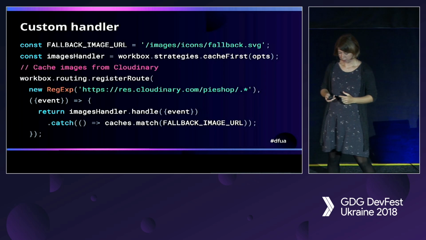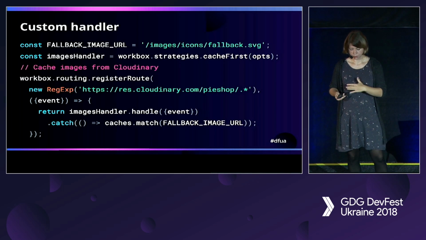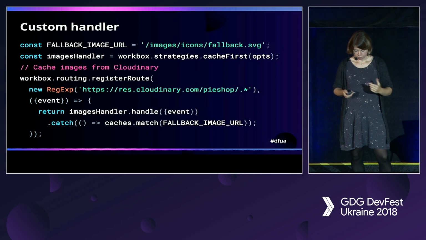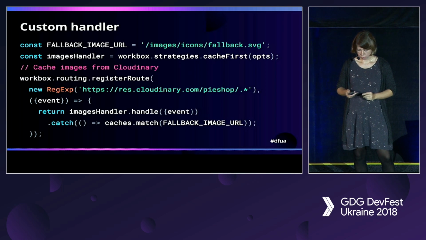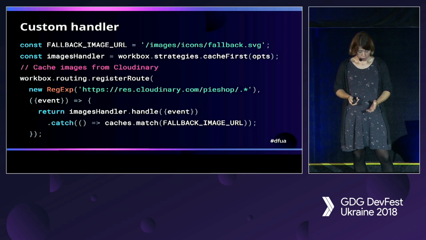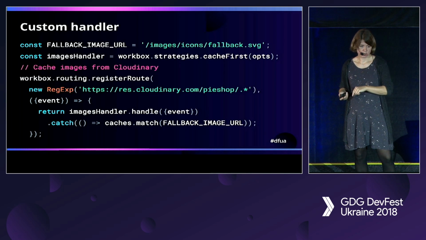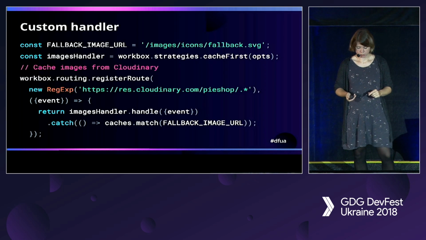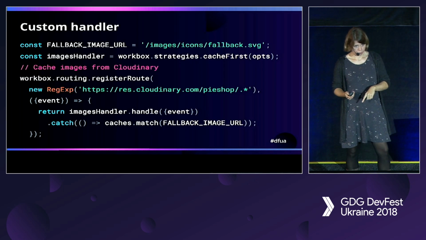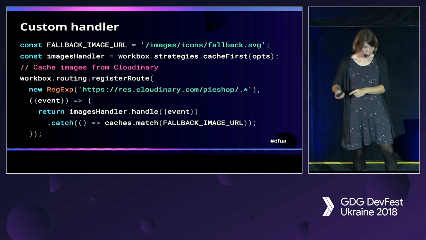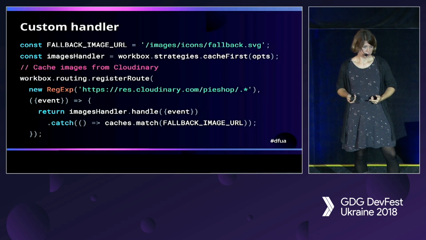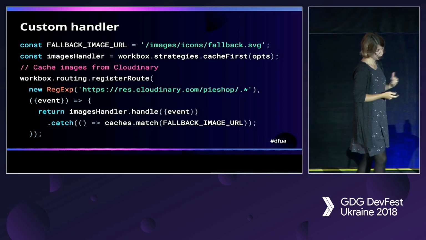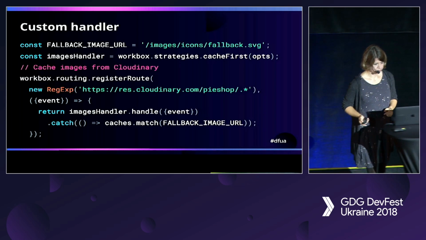Here, I'm using the Workbox cache first strategy, which means on the fetch event, for this particular route on Cloudinary, I try to answer with the cache first strategy, but if it fails, I actually serve a fallback image. So this strategy says: go to the cache first, if not go to the network, and if both fail, serve the fallback image, right? So there are a lot of mix and match possibilities.